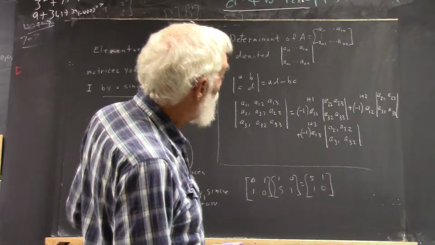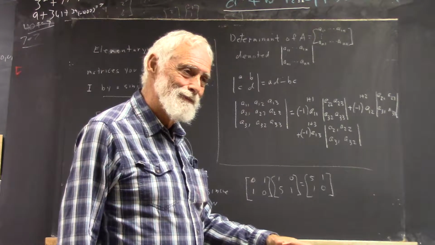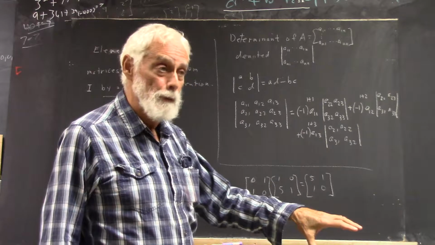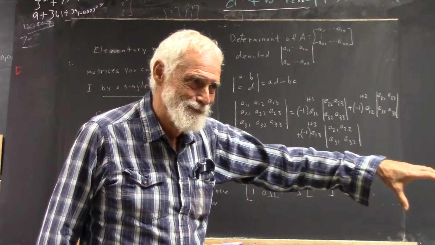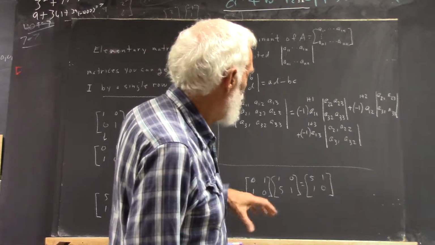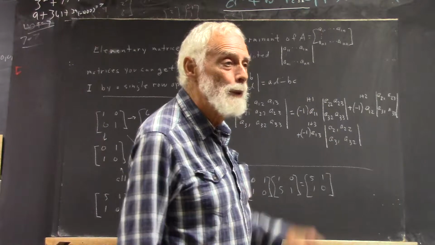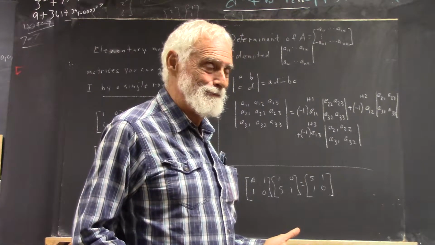Now, if you had a 4x4 matrix, then when you wipe out the row and the column, it leaves you a 3x3 matrix. And you're going to have 4 of them. So you're going to have 4 3x3 matrices, each of which reduces down to 3 2x2 matrices. So you're going to have 12 2x2 matrices to do.